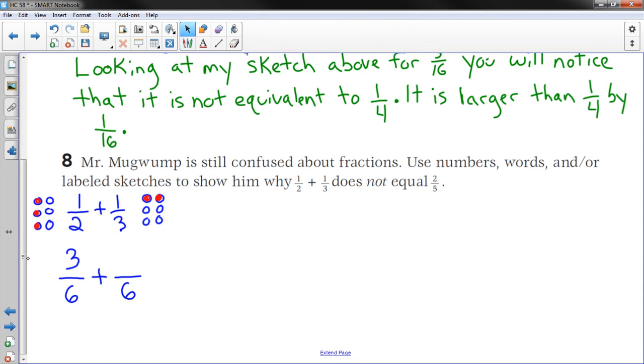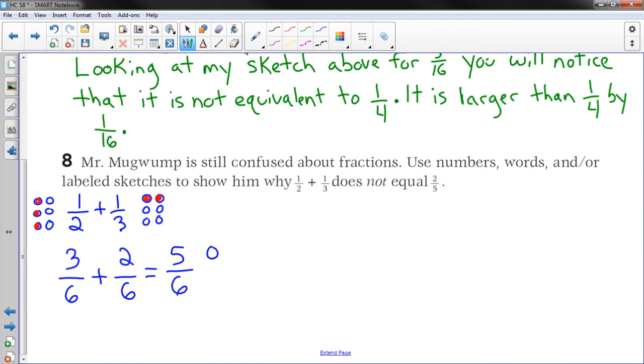So that would be 2/6. Now that the denominators are the same, I can add them. 3/6 plus 2/6 is 5/6.